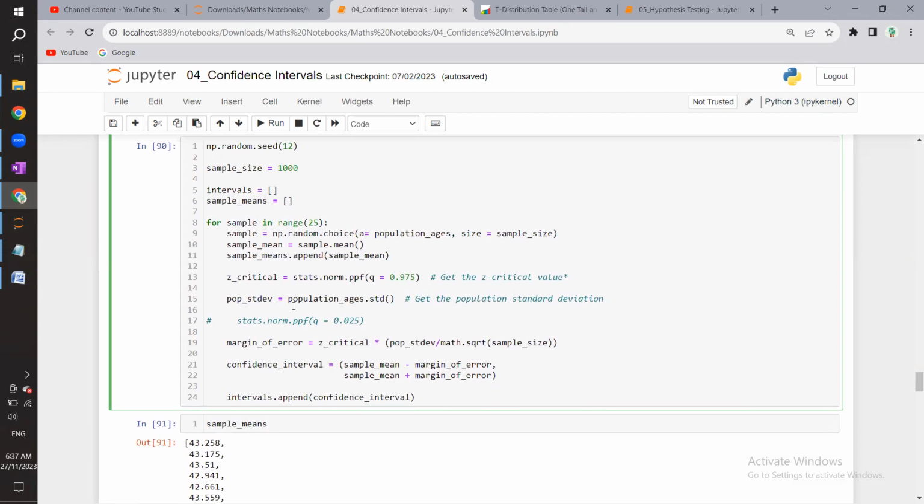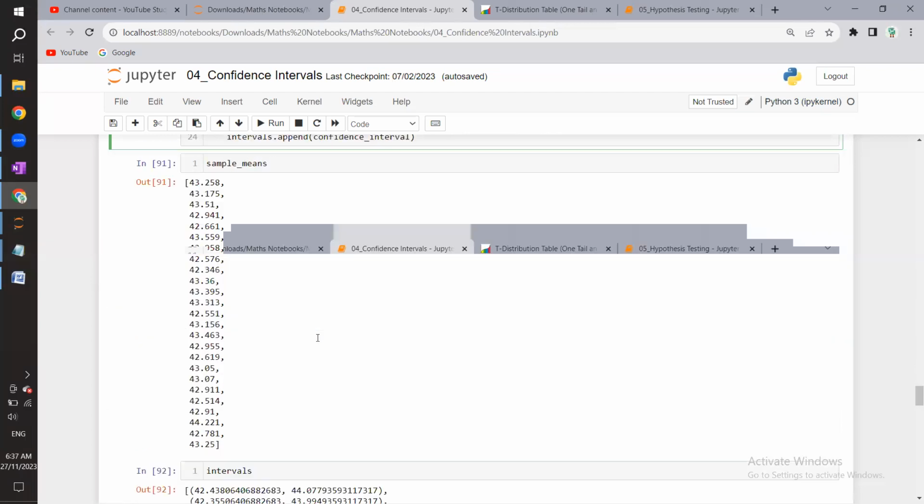That means there is a 95% probability that the confidence interval, whatever you are creating on the basis of the sample mean using this formula, that means sample mean plus or minus margin of error, of these 25 confidence intervals, 95% of the times they will be able to capture the true population mean, and 5% of the times there is a probability that it will miss it.